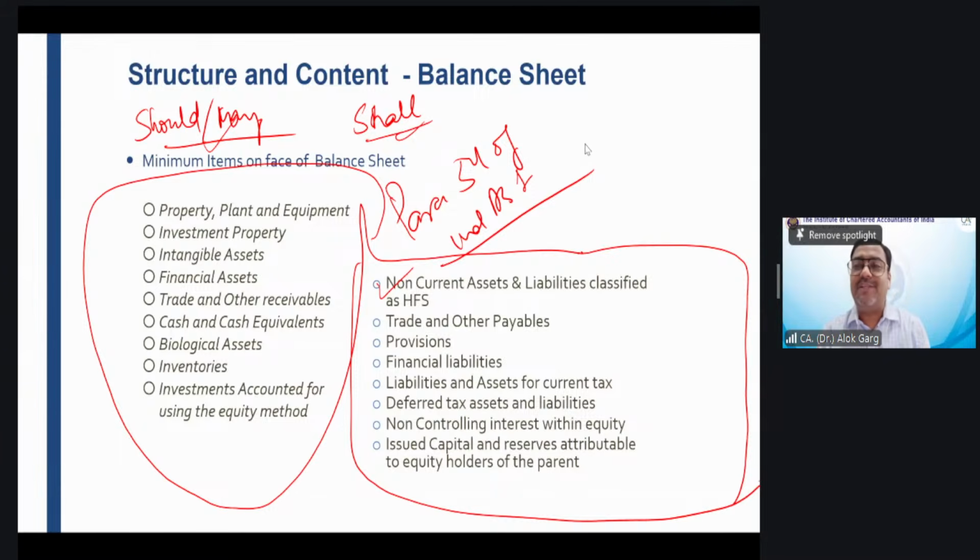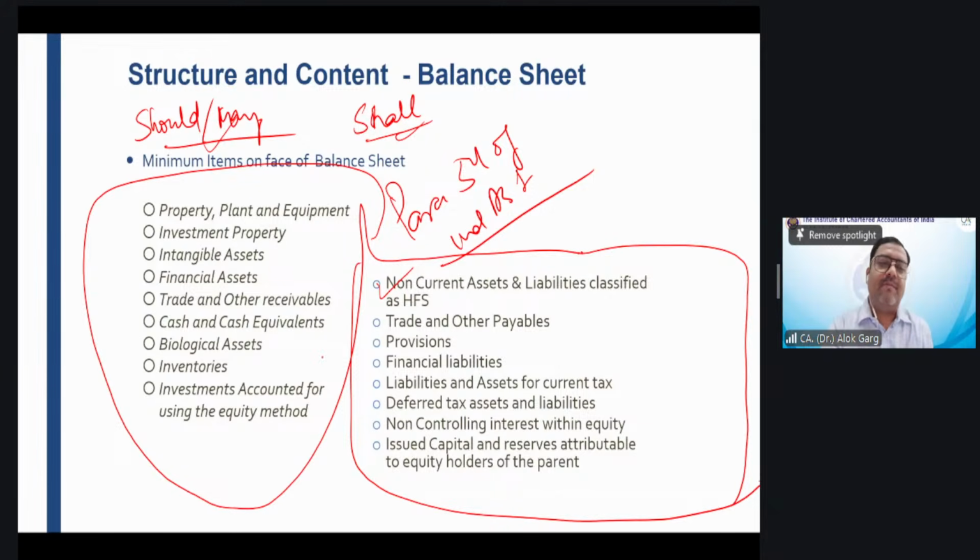So friends, it is not an optional requirement, it is a mandatory requirement. Para 54 of Ind AS 1 says that an entity shall present as a minimum the below line items on the face of the balance sheet.